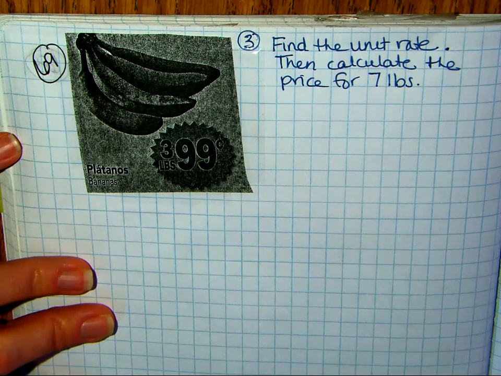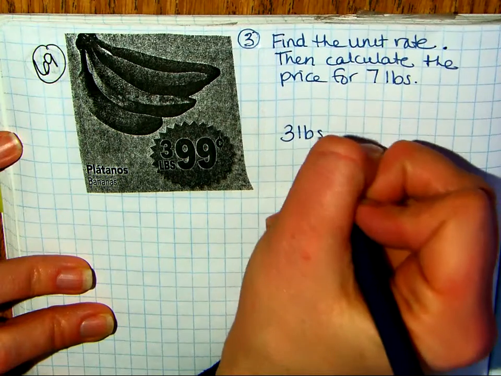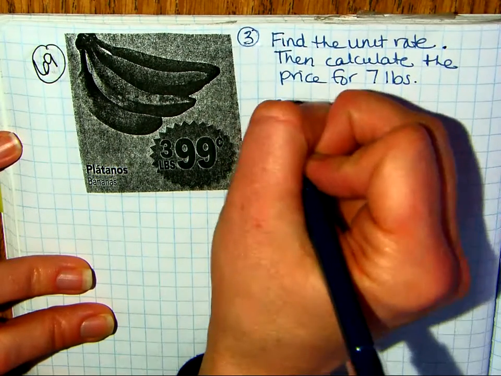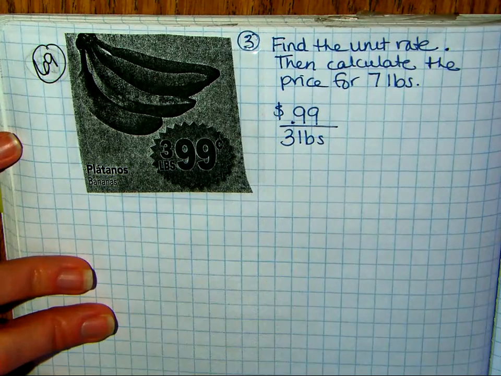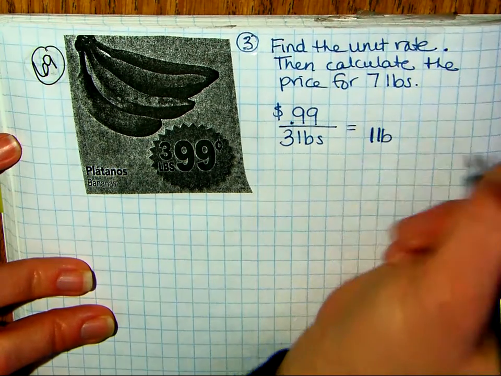Okay, so in this situation we have 3 pounds of bananas for 99 cents. We want to figure out what 1 pound would be.